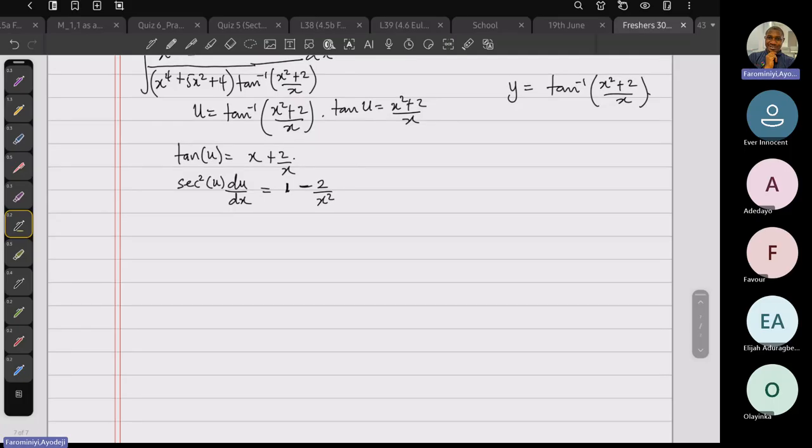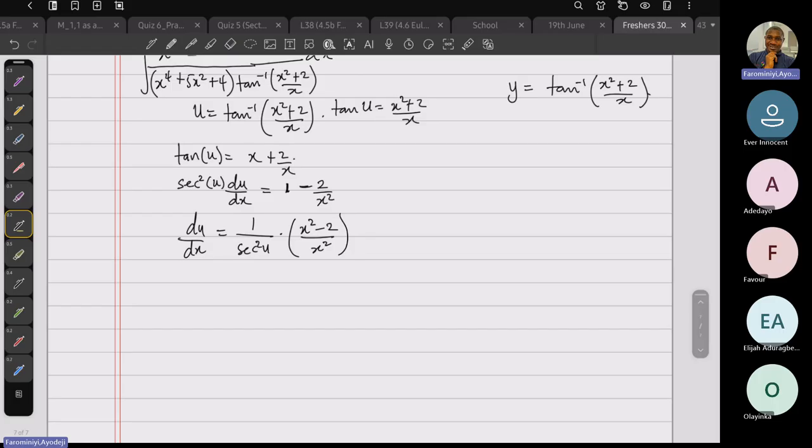sec squared u du dx is equal to, if you differentiate x plus 2 over x, you get 1 minus 2 over x squared. Then we said du dx is equal to 1 over sec squared u times, so 1 minus 2 over x squared is (x squared minus 2) over x squared. Then what we now did was to get an expression for sec squared u in terms of x.